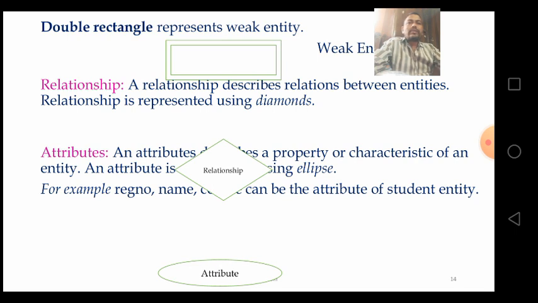A double rectangle represents a weak entity. Next, relationship. A relationship describes relations between entities. A relationship is represented using diamonds.